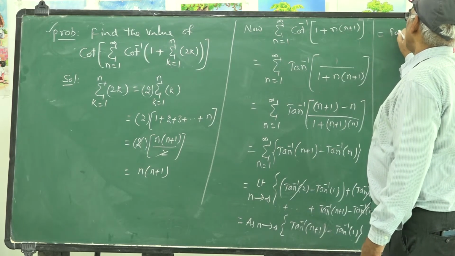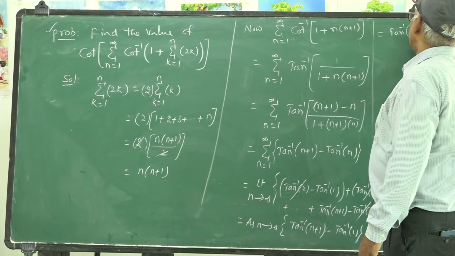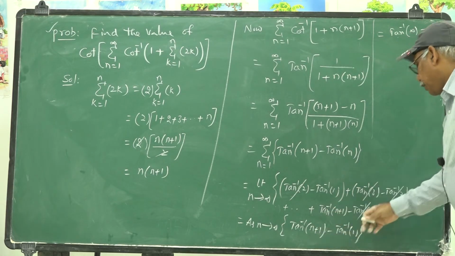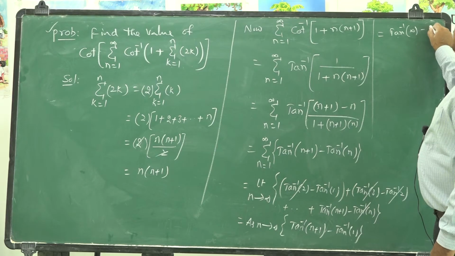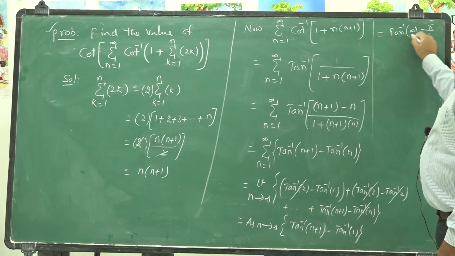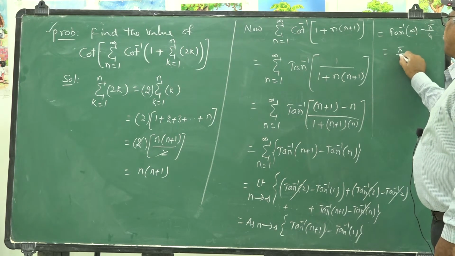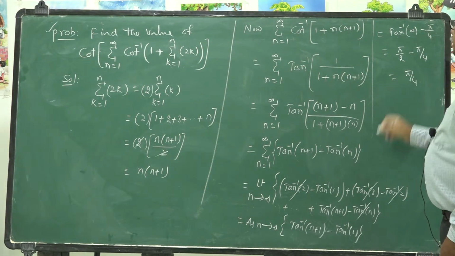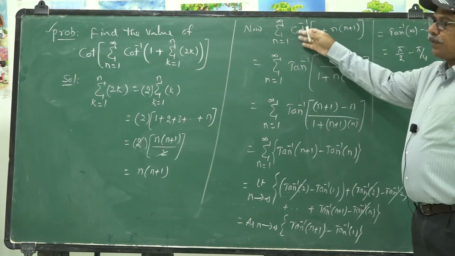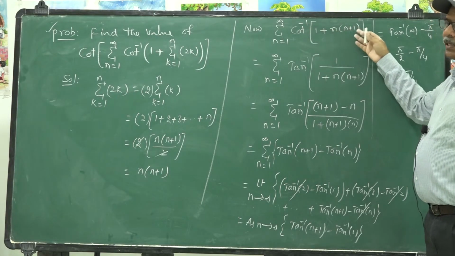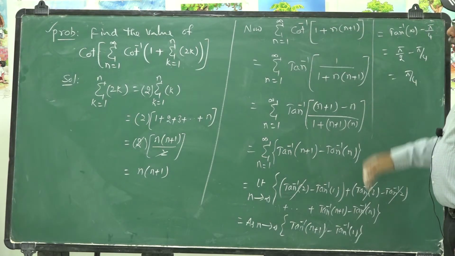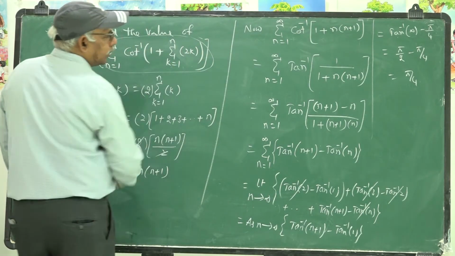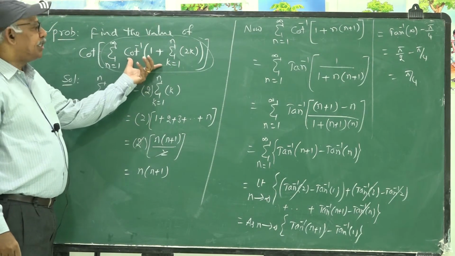So if the number of terms goes to infinity, finally we get tan inverse infinity here minus tan inverse 1, that is pi by 4. This is clearly pi by 2 minus pi by 4, pi by 4. So the sum of the infinite series of cot inverse of 1 plus n into n plus 1 is given by pi by 4. The sum of this infinite series is pi by 4.